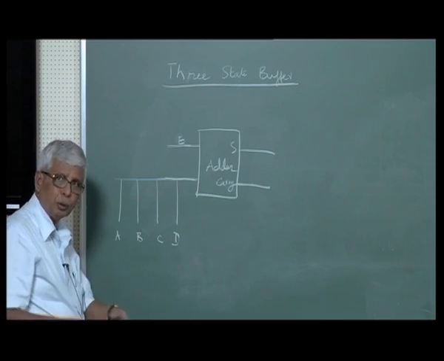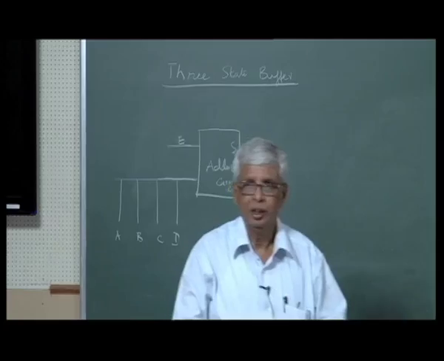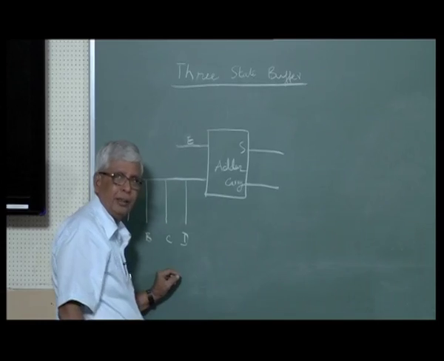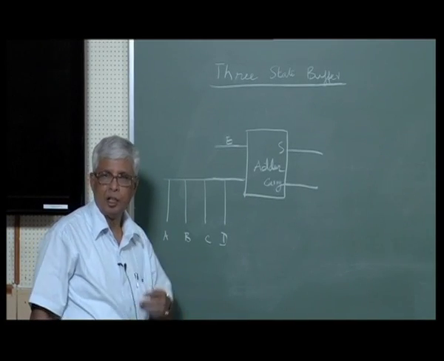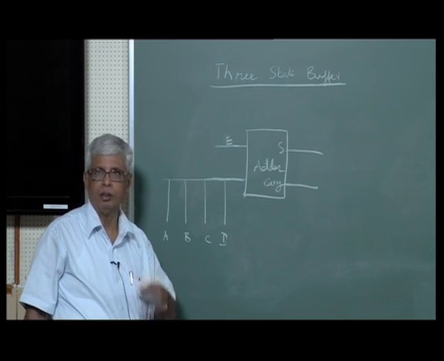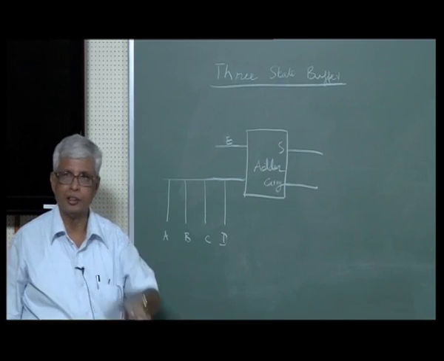But I do not want to put them all at the same time because it will be confusing to the adder. If all of them appear as the second input, the adder does not know which one to take. There is a conflict. It is called a bus contention. Something like going to a bus, the same bus, you cannot go to 4 different destinations.